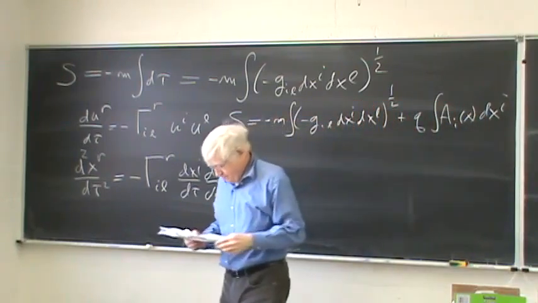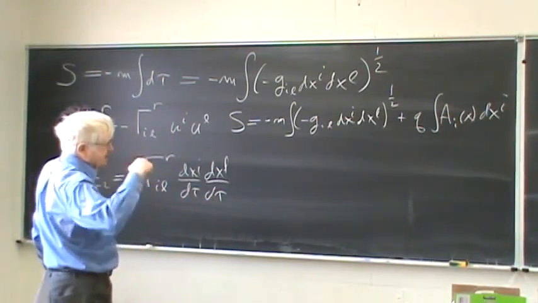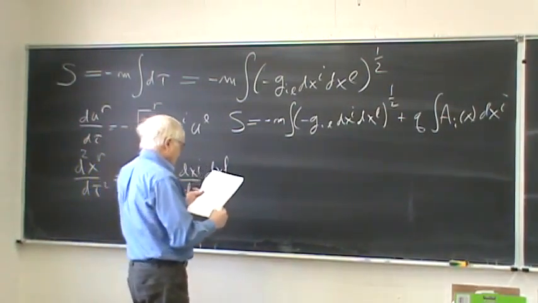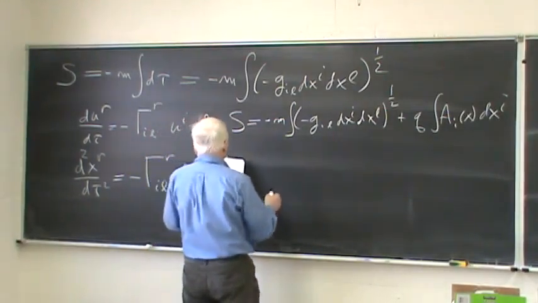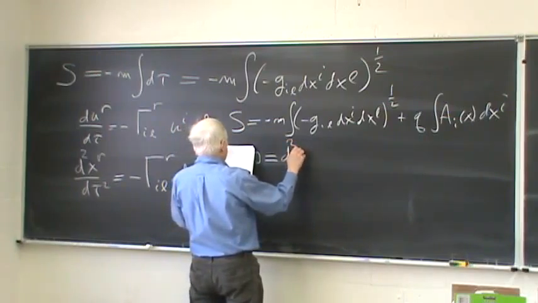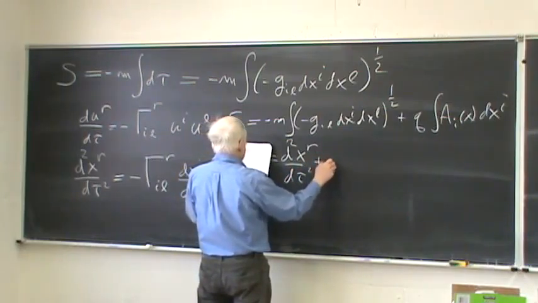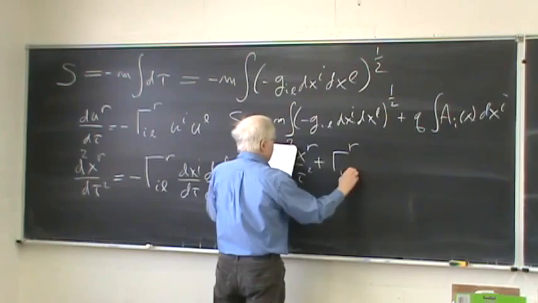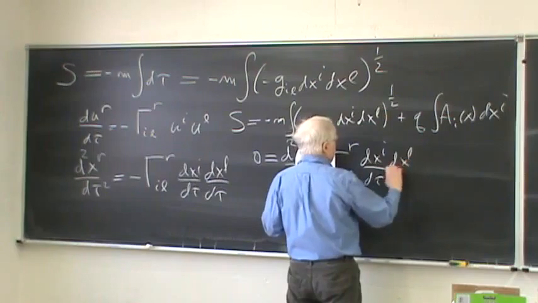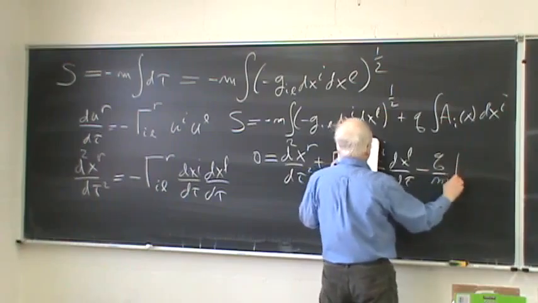And now if we vary the path by a small amount, what we find is an equation, and instead of flipping the signs, I'm just going to write it as d²x^r/dτ² plus Γ^r_il dx^i/dτ dx^l/dτ, and then minus q over m F^r_i dx^i/dτ.